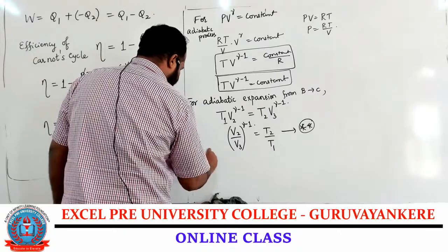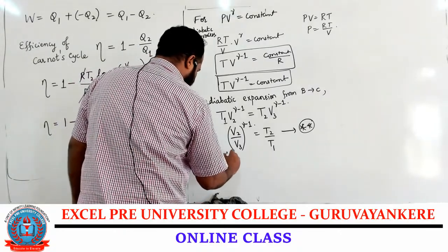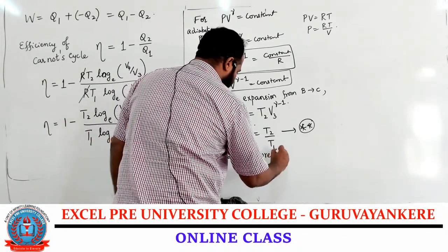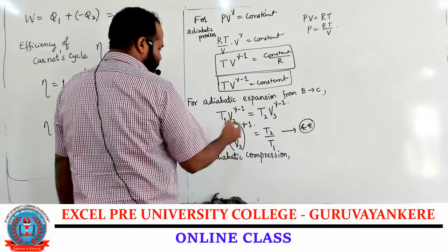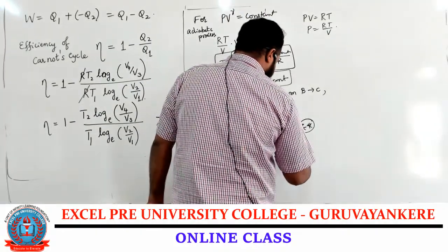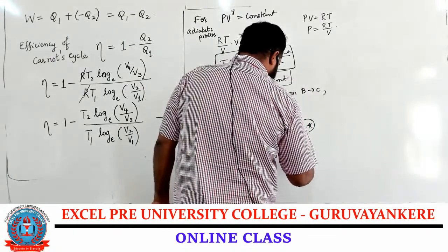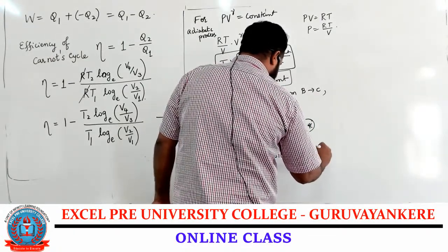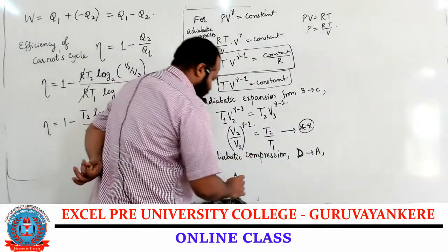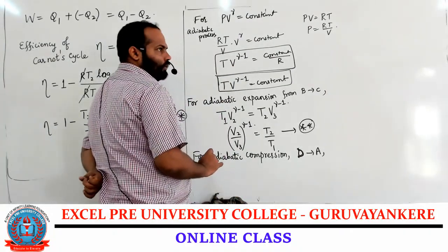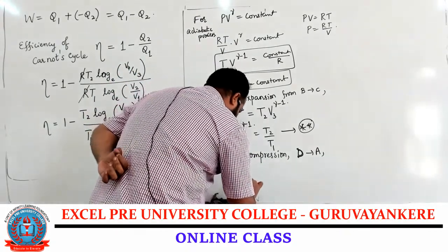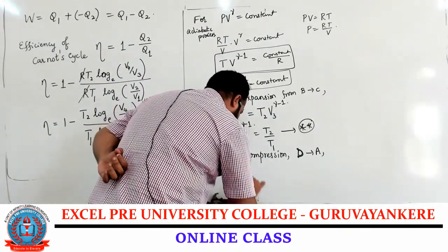Similarly, for adiabatic compression, which is the last step of the Carnot cycle, D to A, the volume changes from V4, the initial volume, to V1, the final volume.